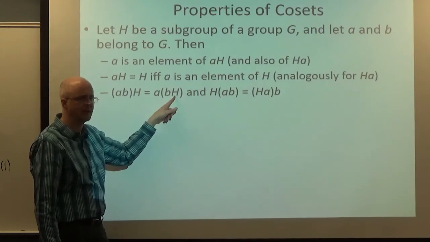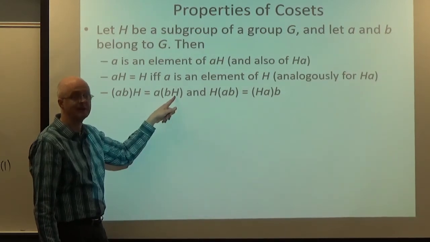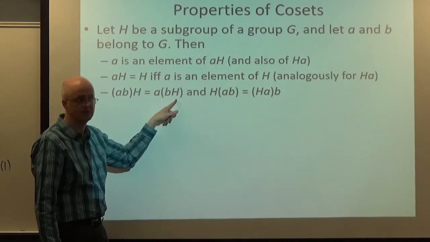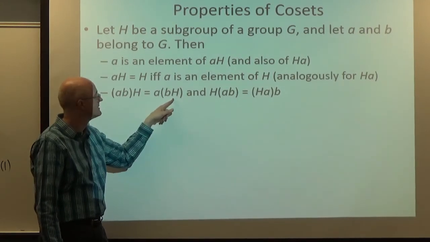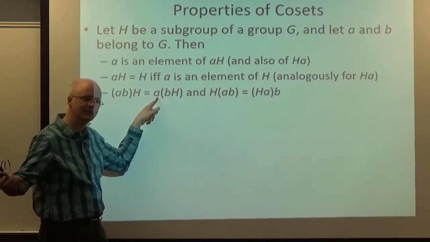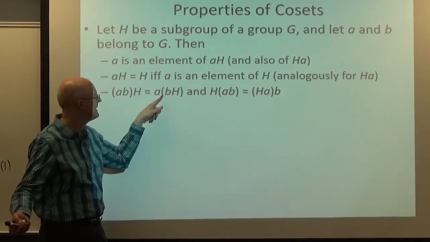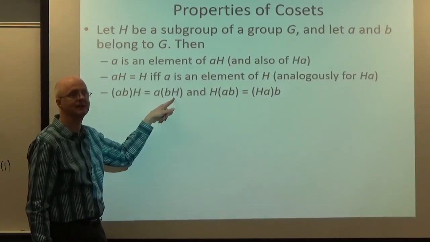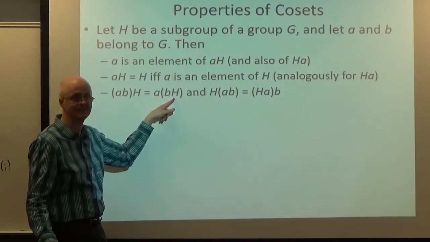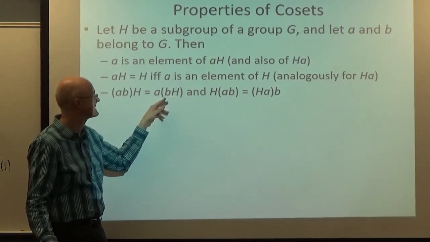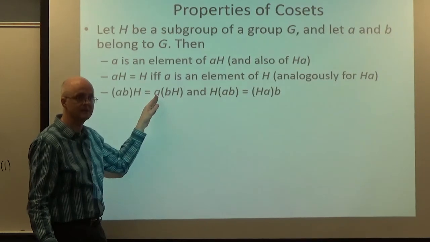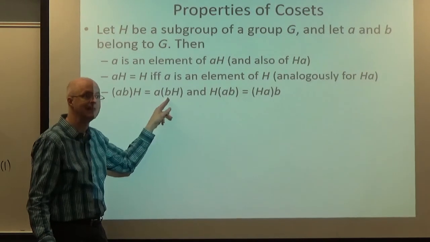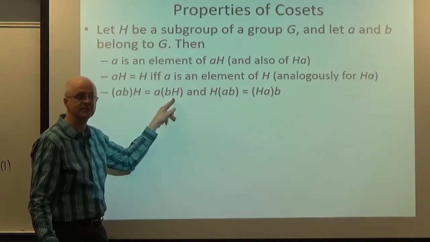BH doesn't have to be a subgroup of G. And in fact, if B is not in H, BH will not be a subgroup of G. So we do need that notation to apply even when this is not a subgroup. And A times this thing still makes sense as a set. This is the set of all elements of G that are A times something in here. But the thing here, if B is not in H, is not going to be a subgroup of G.